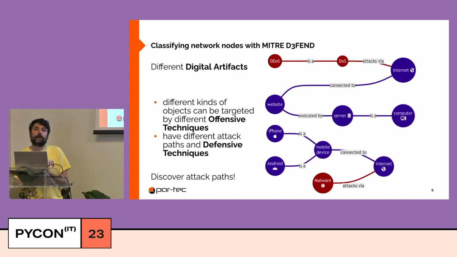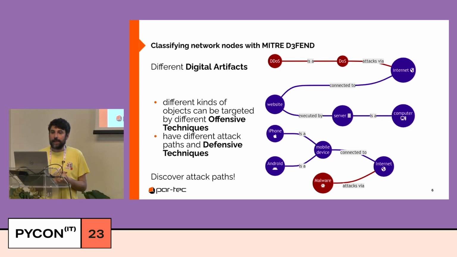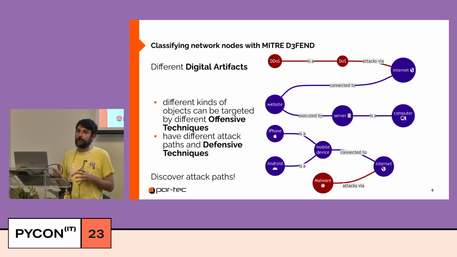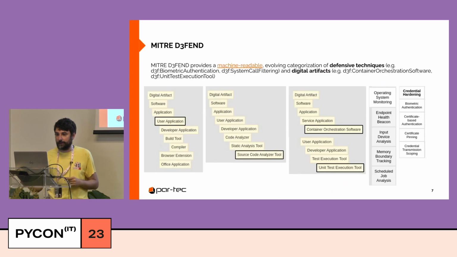The MITRE created this D3FEND classification so that network nodes are branded as digital artifacts. And they can be targeted by different offensive techniques and defended by defensive techniques. There are other blocks, but those are the main blocks. Digital artifacts attacked by, defended by different offensive and defensive techniques.